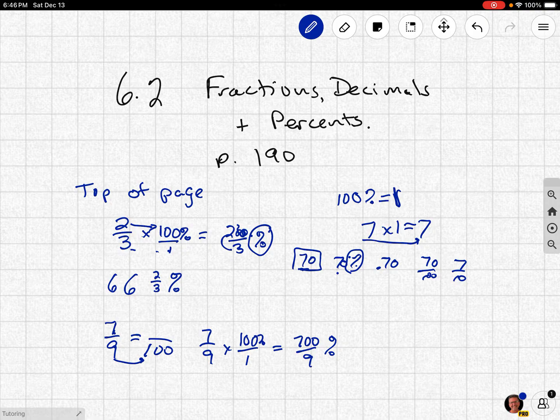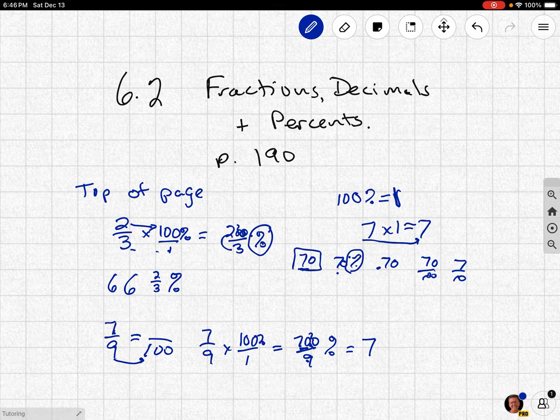So 700 over 9%, we're going to divide 9 into 700. So 9 goes into 70. 9 times 7 is 63. 9 times 8 is 72. So it goes in 7 times. That's 63 with a leftover of 7. All right, so we have 70 again.